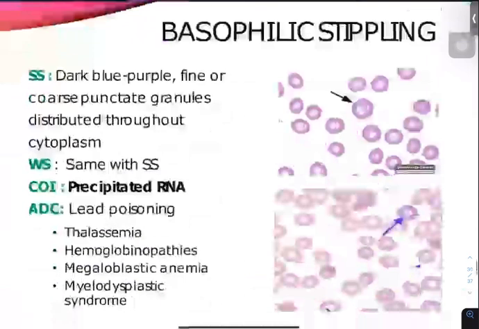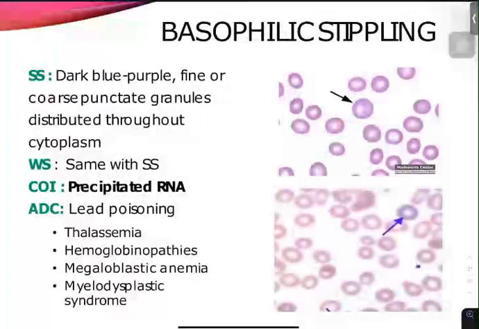Next is your basophilic stippling. Dark blue to purple, fine or coarse punctate granules distributed throughout the cytoplasm. Unlike your diffuse basophilia, this is more fine. Also, this is caused by your RNA, which is precipitated.